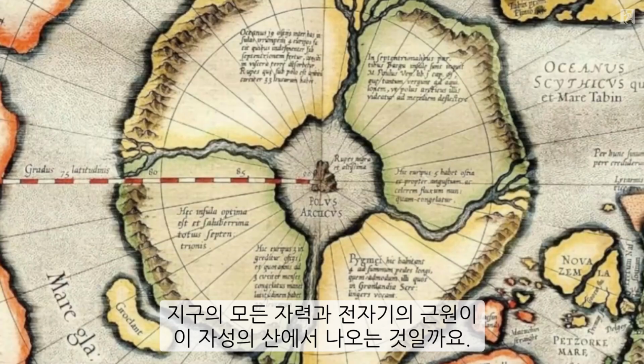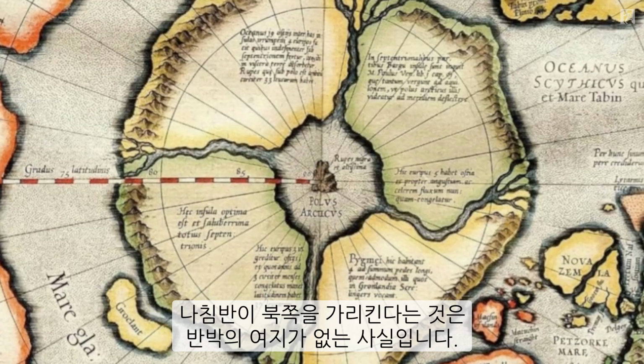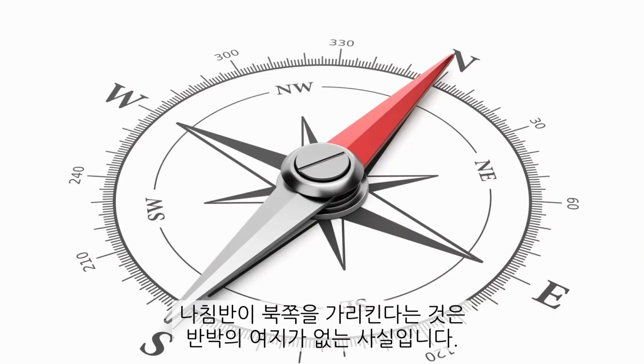Could the source of all magnetism and electromagnetism on Earth emanate from this magnetic mountain? It is an undisputable fact that compasses point north.